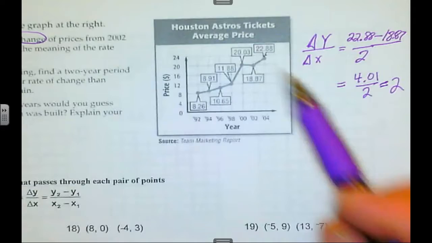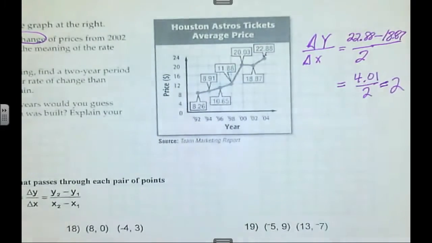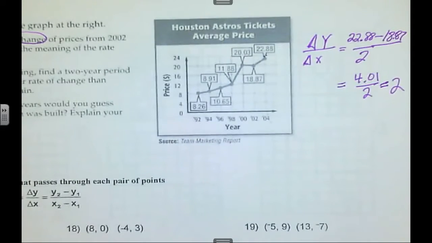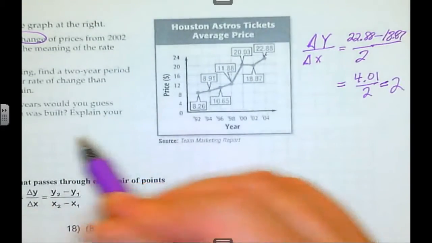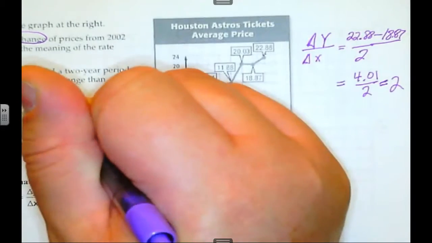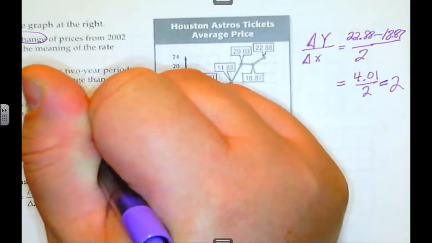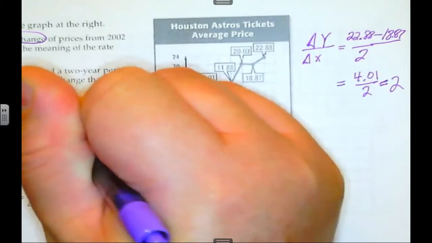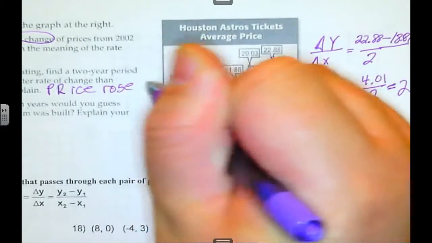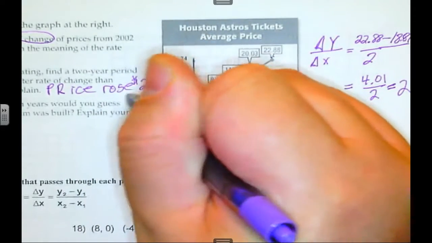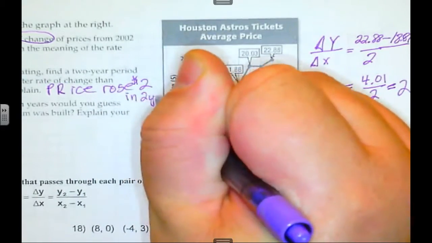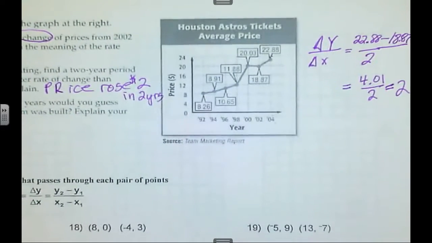It just says price in dollars, so $2. Okay, so that's what it means. It means the price rose $2 in 2 years. Okay, that's what that means.